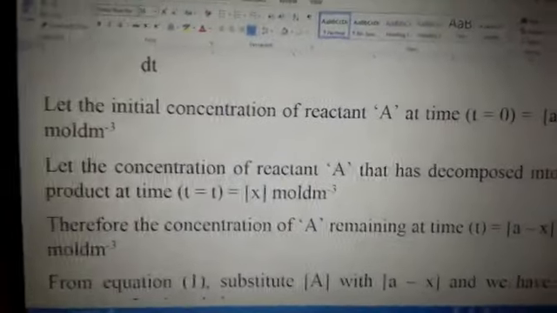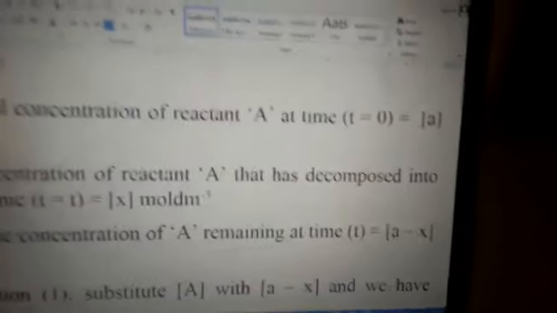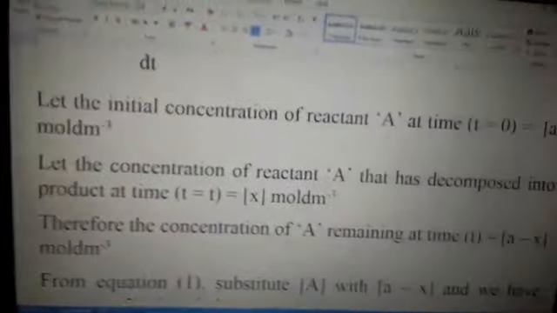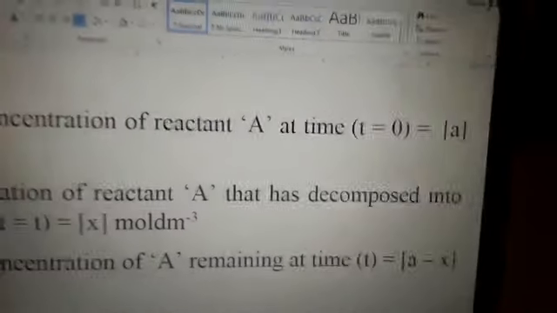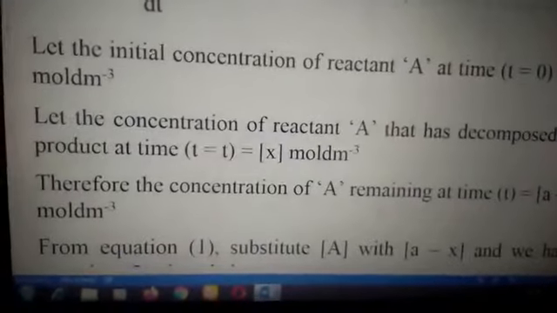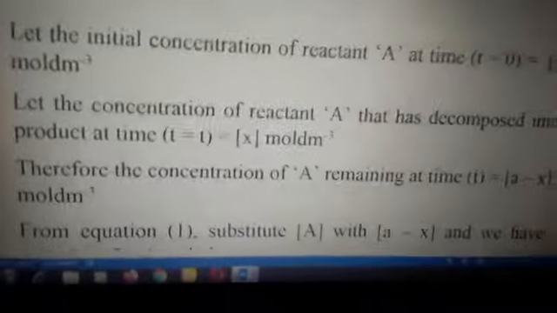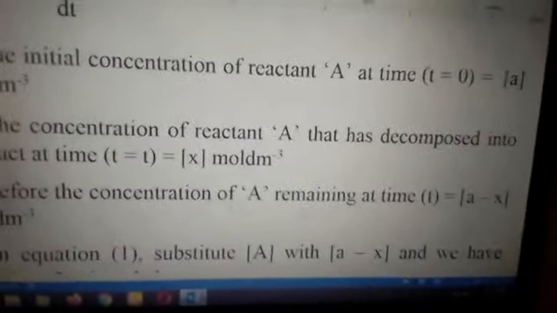We said, let the initial concentration of the reactant at time 0, that is, before the reaction started, be a moles of A. This a we're talking about is the small letter a in bracket. Then, when the reaction has commenced for some time, let's say the time is T, it could be any time interval, let's assume that S moles of the reactant A has decomposed.